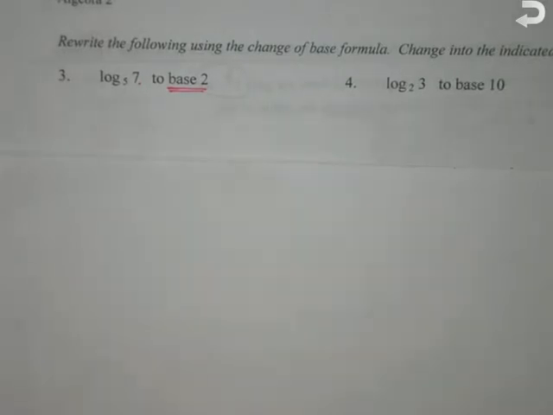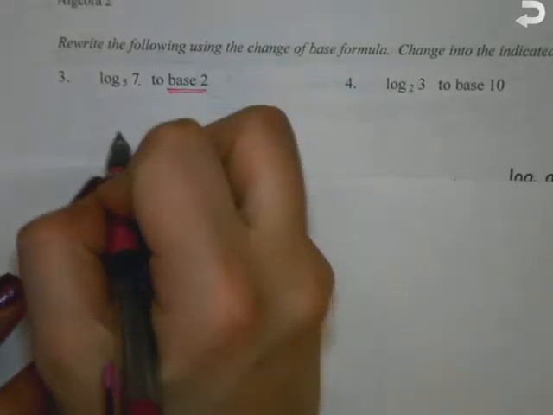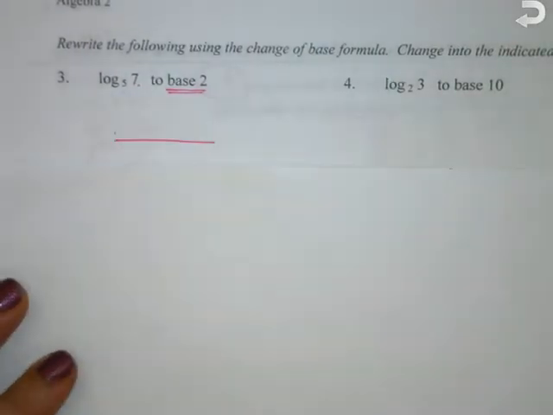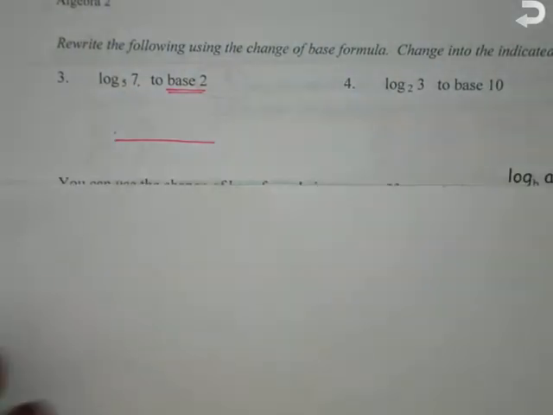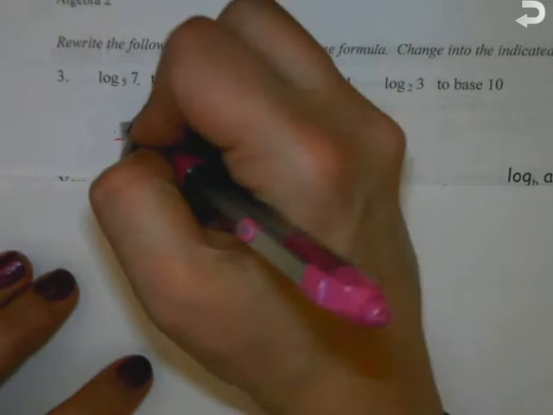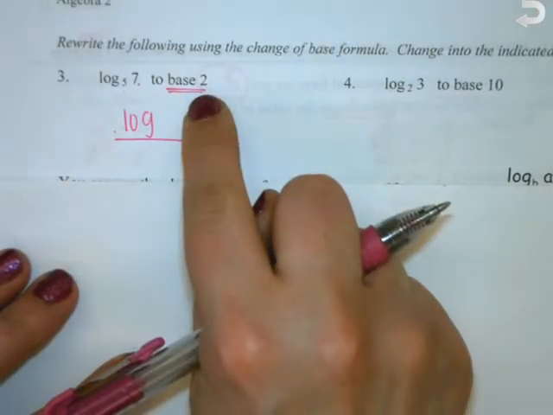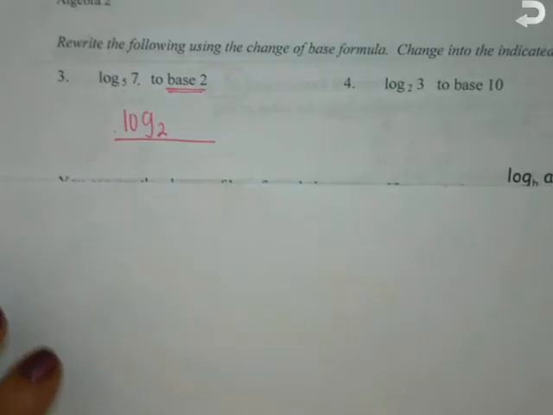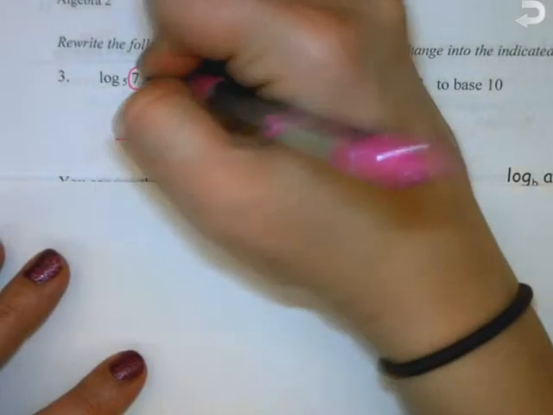So here's how we would do it. Change of base formula means you take the whole thing and turn it into a fraction. So the first thing I'm going to do is draw my fraction bar. And on top, I put log of my new base, so base 2, of the number that you were taking the log of. So on top is going to be log base 2 of 7.